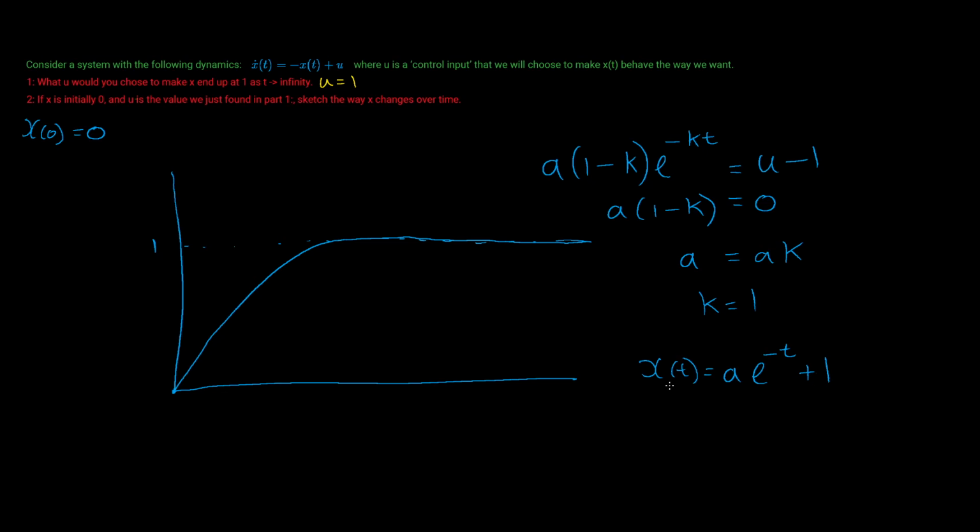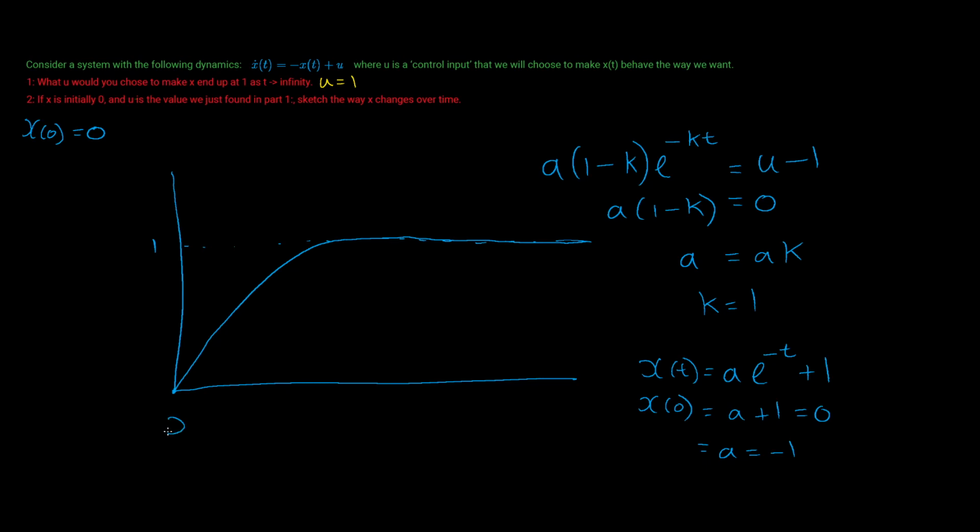And now we can use the additional information we have up here and say that x of 0 is 0, so a plus 1 is equal to 0. We know that a is equal to minus 1. And that's actually all of the dynamics of this system here.